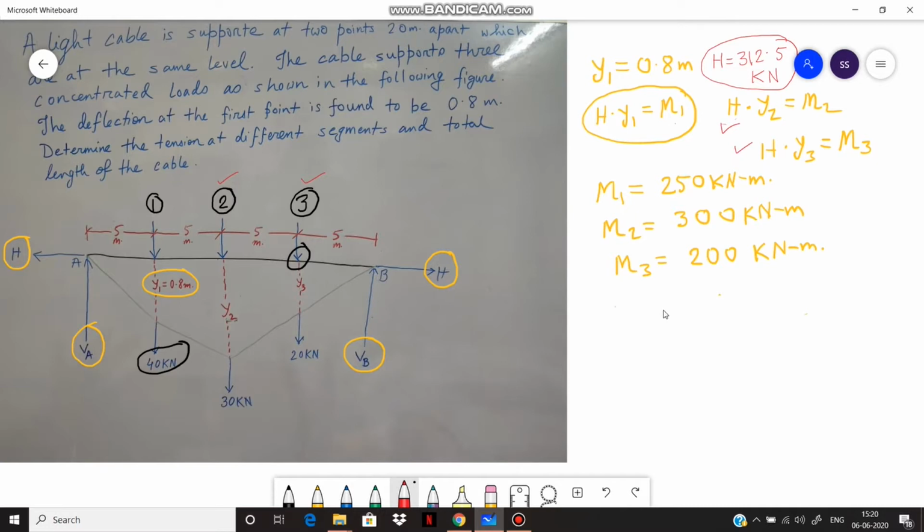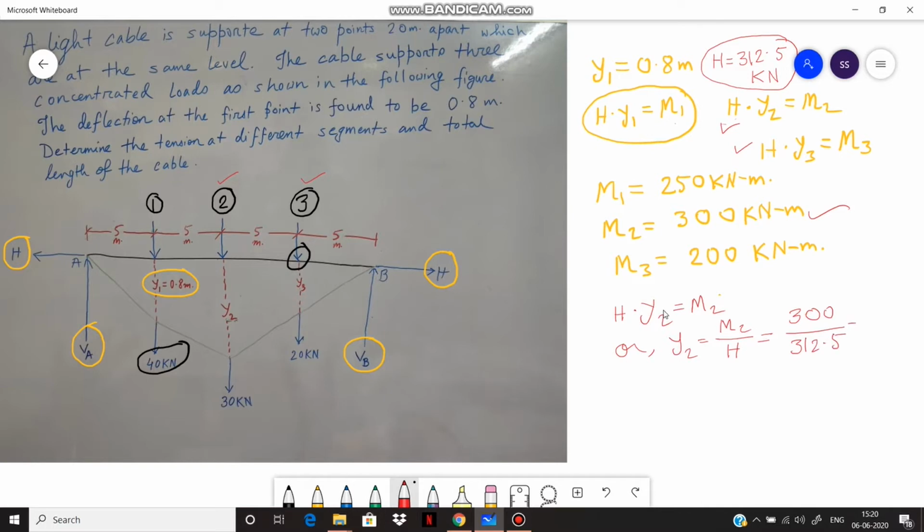So we have H into y2 equals to m2, and we have y2 equals to m2 by H. m2 equals to 300 kilonewton meter, so 300 by H, that is 312.5.